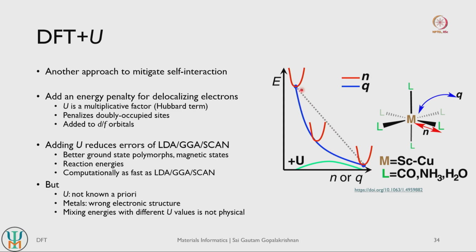So let us say your semi-local functional is underestimating here. You can imagine the U to add a positive correction term. Since it adds a positive correction term, you see that this blue curve will start shifting closer towards the straight line here. So that is how the U correction is mitigating or reducing the self interaction error.